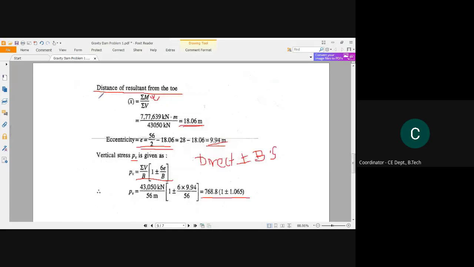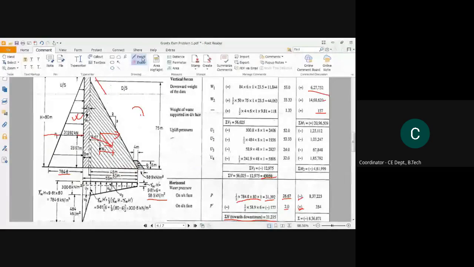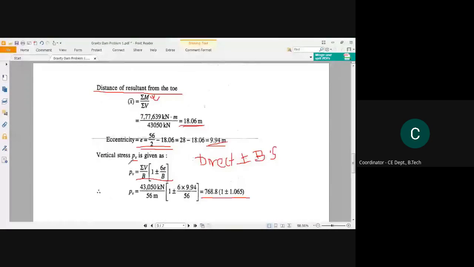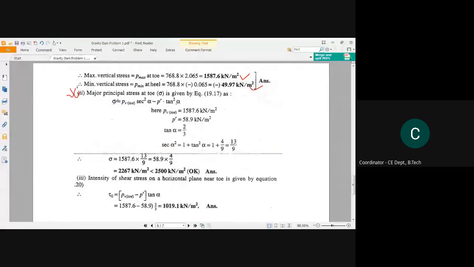Considering any elemental profile at this part of the toe, we will analyze the principal stress. By solving that mathematical problem, we have calculated that formula: the major principal stress sigma will be PV toe sec square alpha minus P dash into tan square alpha.